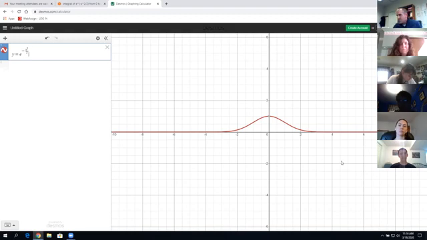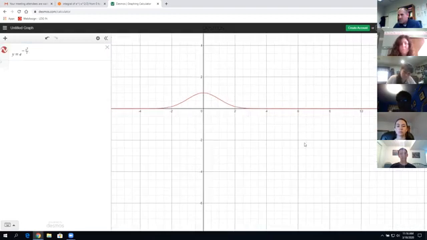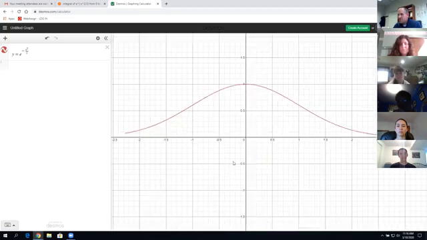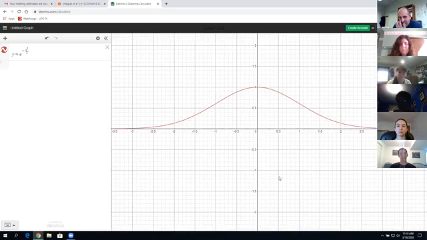Okay, do you see this? It's kind of interesting, right? See that bell-shaped curve? So that's what that thing looks like. And you can see, obviously, this thing is symmetrical about the y-axis, yes? This little bell-shaped curve.